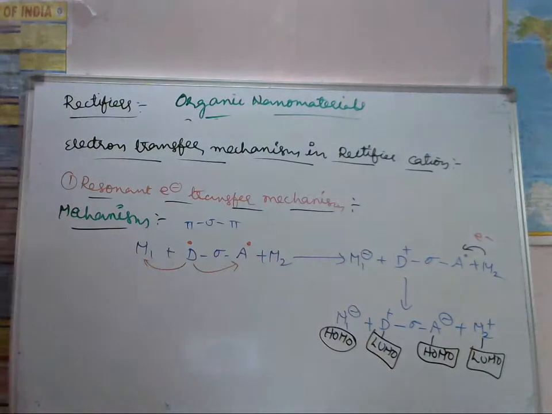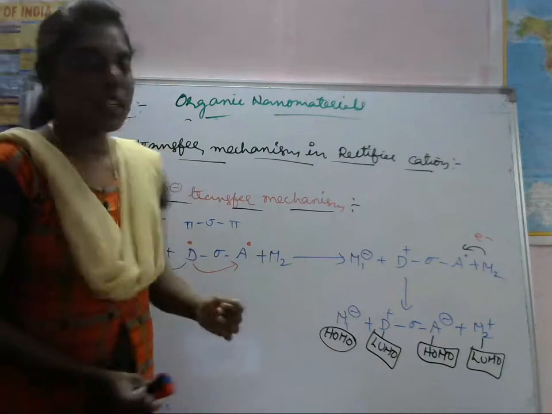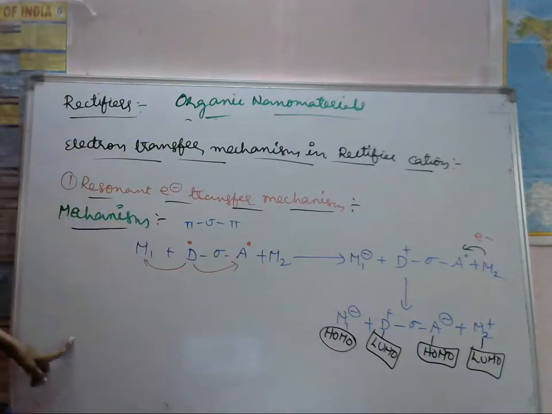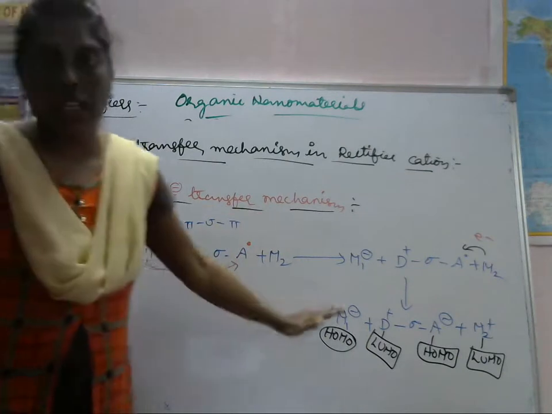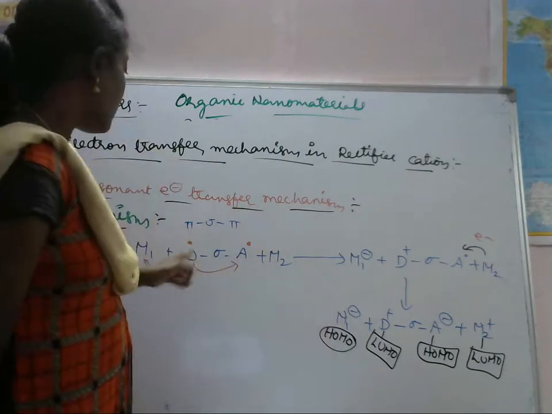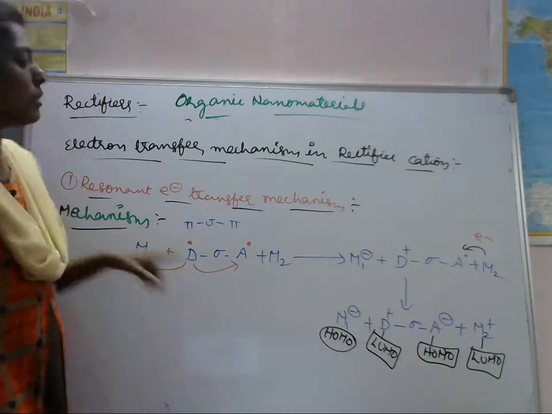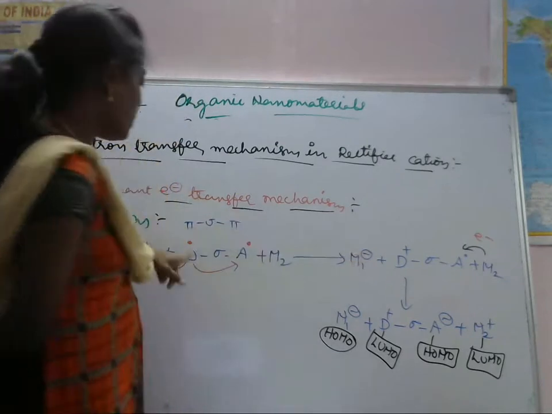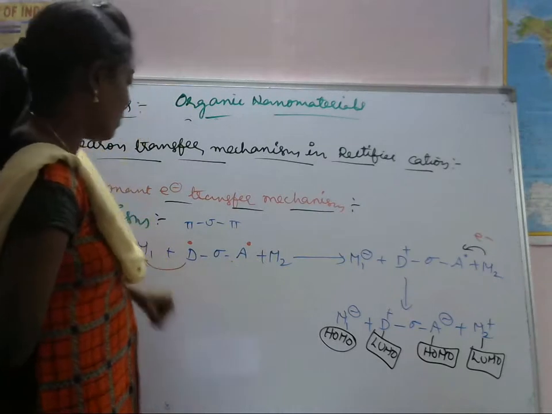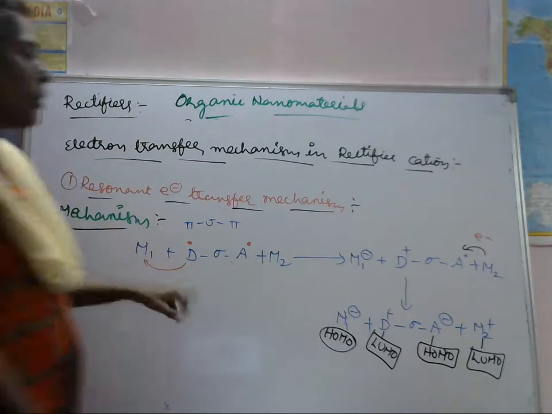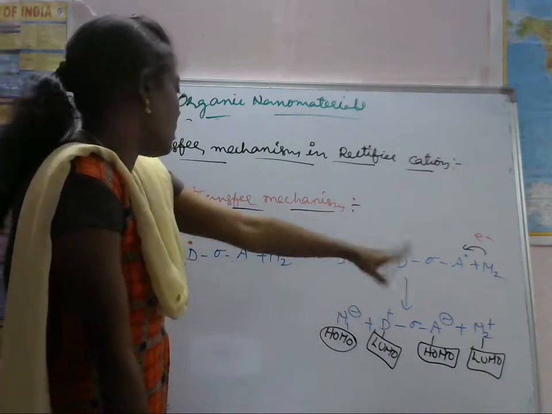Like this, electron transfer takes place. In this resonant electron transfer mechanism, if the donor transfers to M1, then it becomes M1 minus, so it will lose the electrons. Then this will become M1 minus plus D sigma, and M2 will be there.